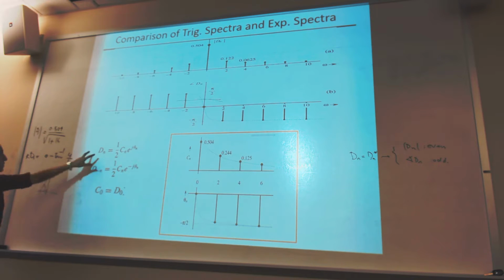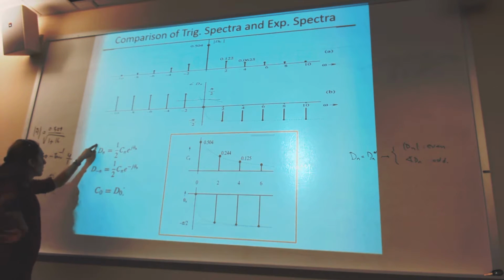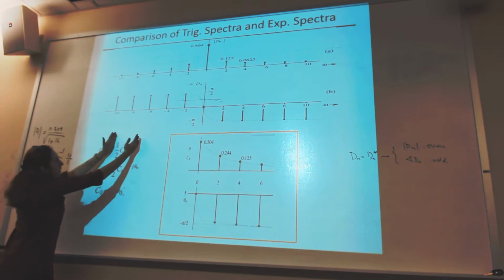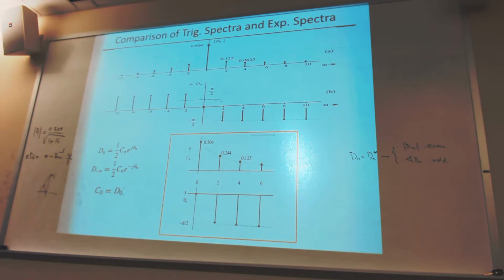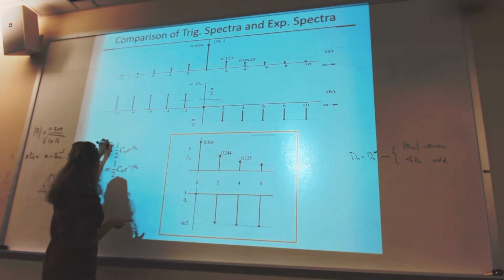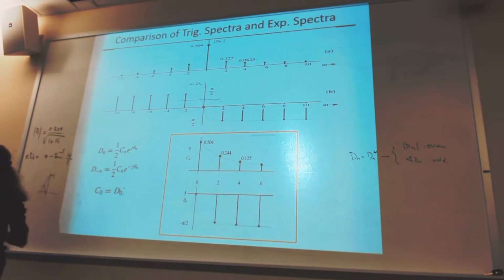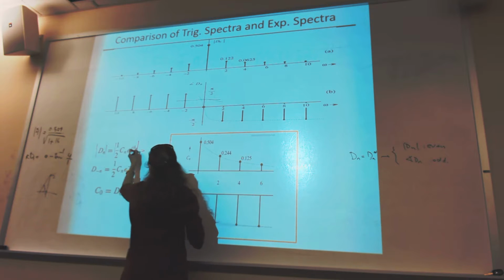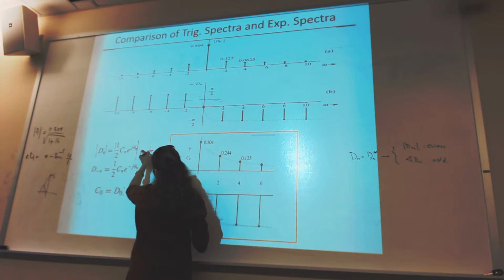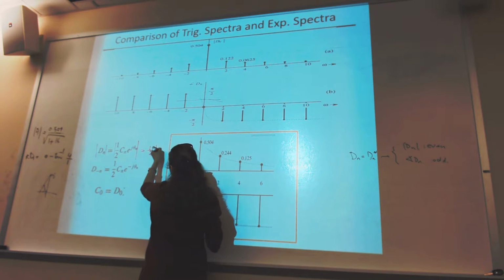So if you look at the magnitude of dn, what do you conclude? The magnitude is the magnitude of this side. So the magnitude of dn is equal to the magnitude of that. So what's the magnitude of that? It's half the magnitude of Cn.